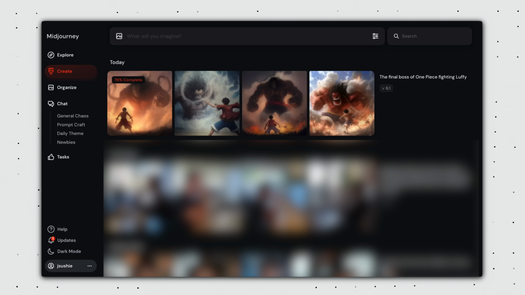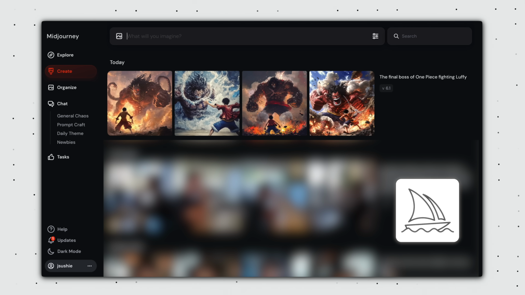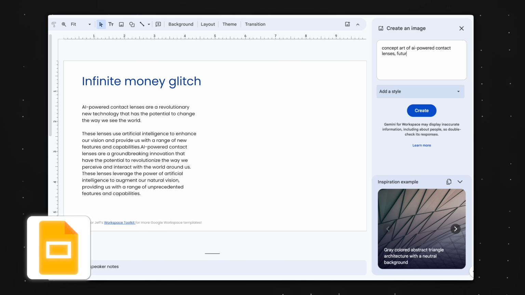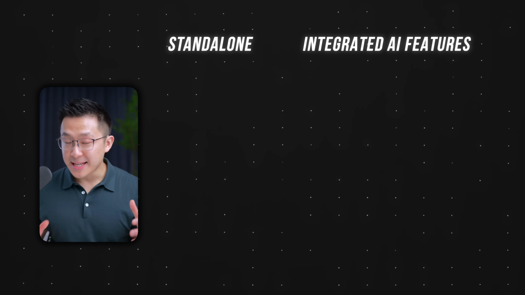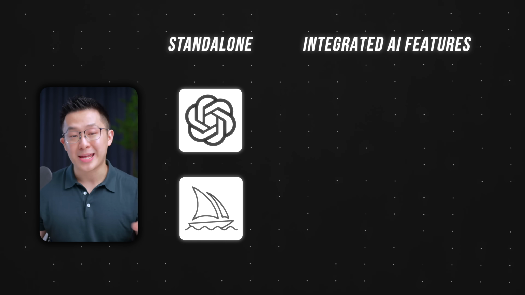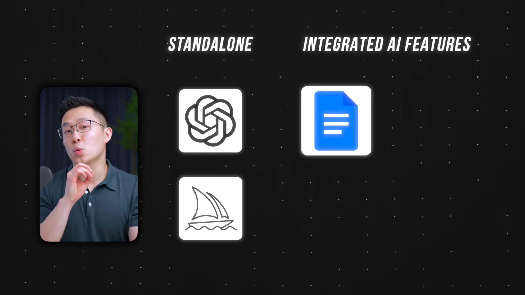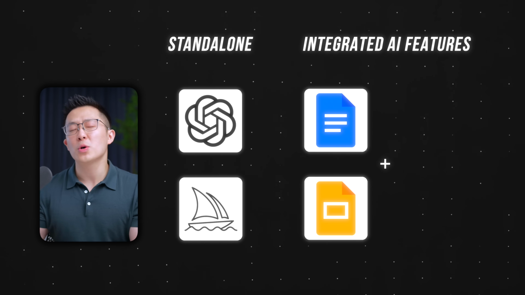Another example would be I can either use Midjourney as a standalone tool to generate images for a presentation, or I can create an image directly within Google Slides by using, again, Gemini for Workspace.